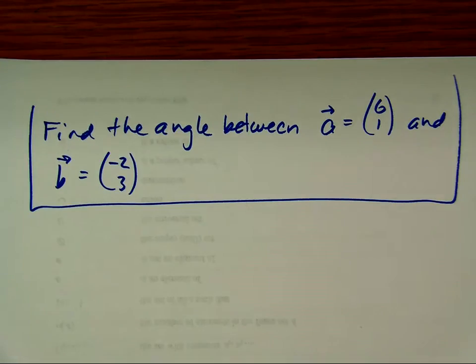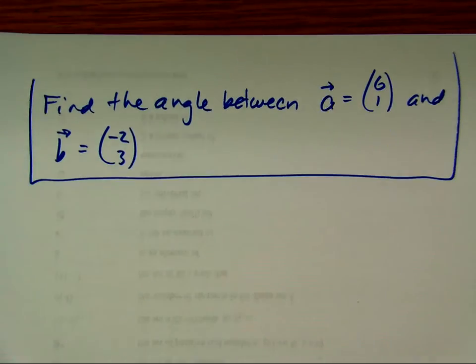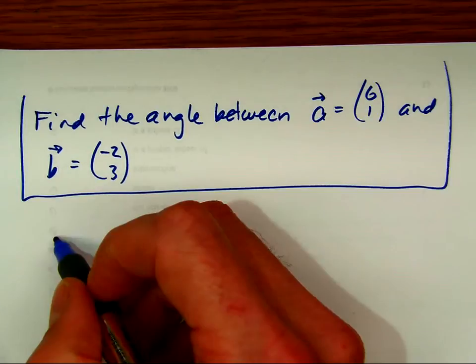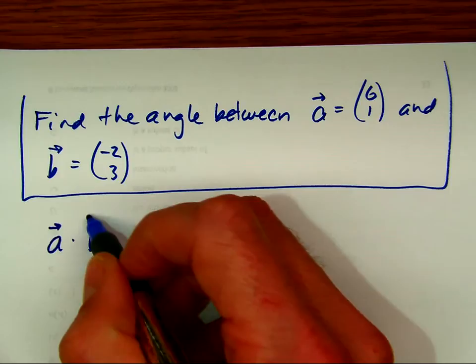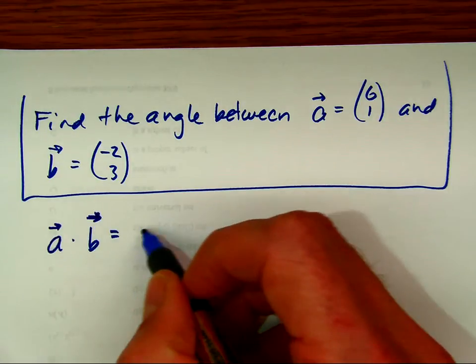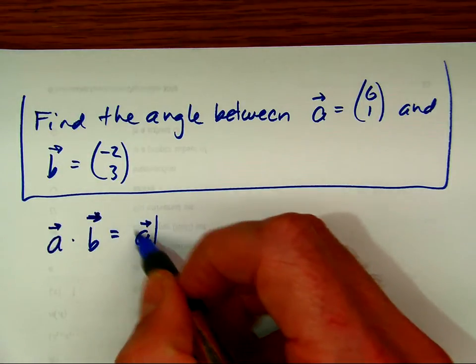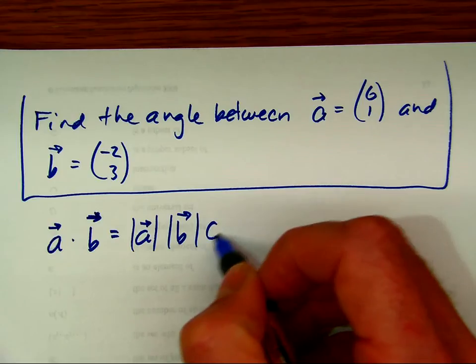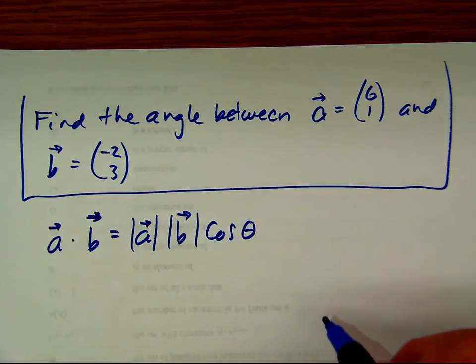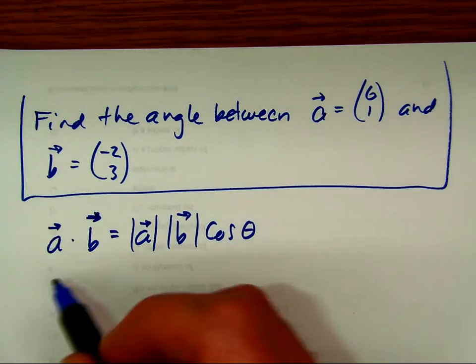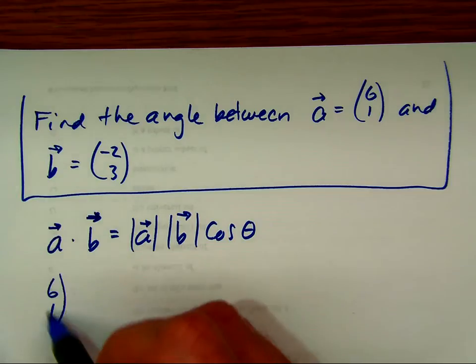Find the angle between the vectors. So it's asking for an angle. That means we need the formula that has an angle in it. And now we know the vectors, so we'll put them over here.